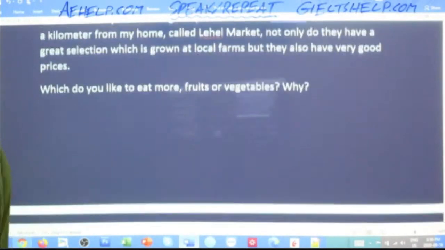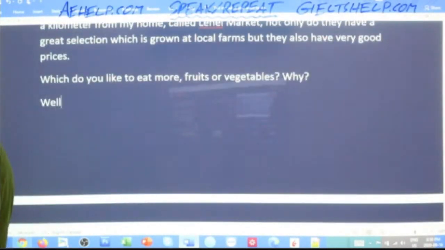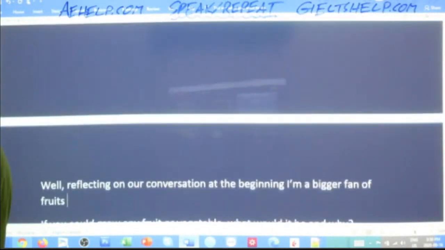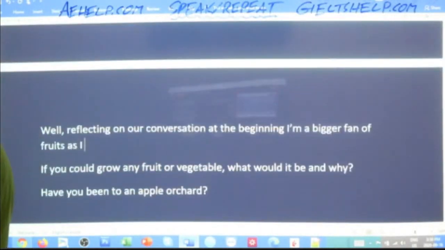So, reflecting on our conversation at the beginning, I'm a bigger fan of fruits as I like their sweet flavor and juicy texture.